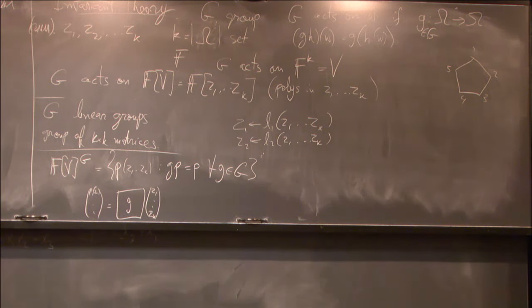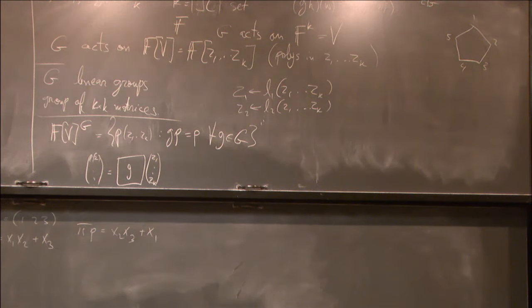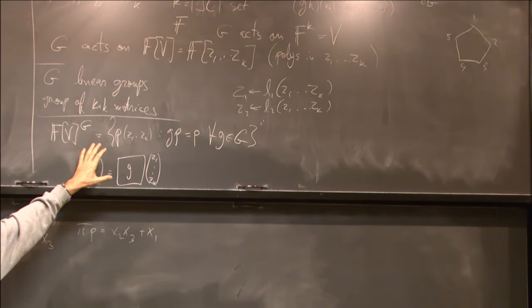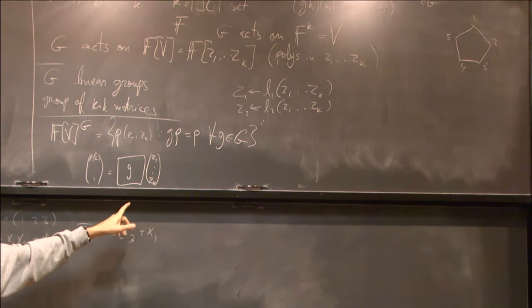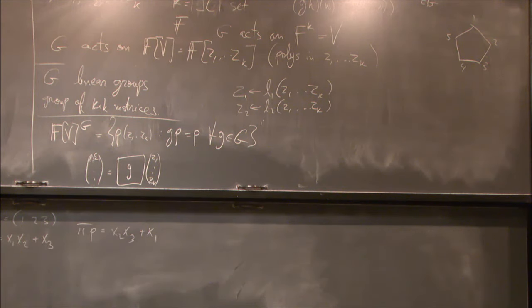I didn't have to define pi p, but you can think of pi as a permutation matrix, right? So this is a special case of this, where the g's are permutation matrices. So I wrote it like this, but I could have written it like this.